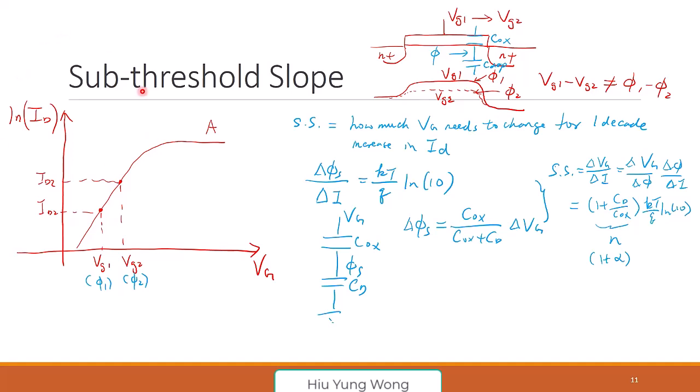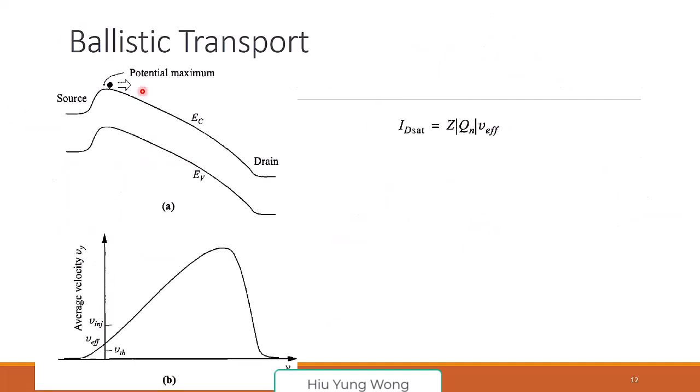Okay, finally, let's go to another topic, ballistic transport. We have been talking about the MOSFET equation, right? How do we derive the MOSFET equation? We always say velocity equals mobility times E. This is non-ballistic. What does it mean?